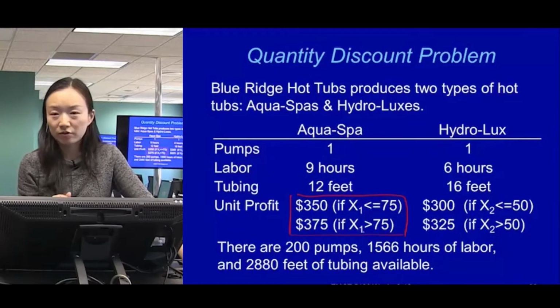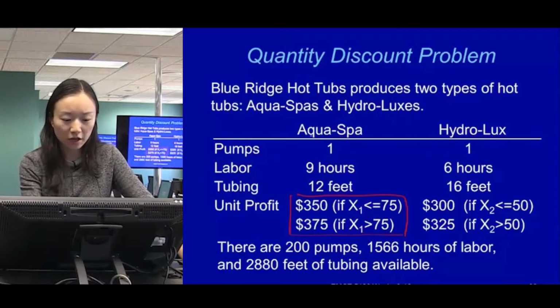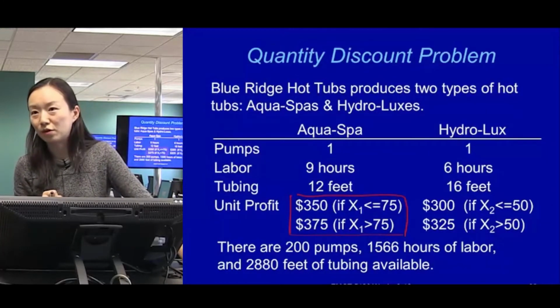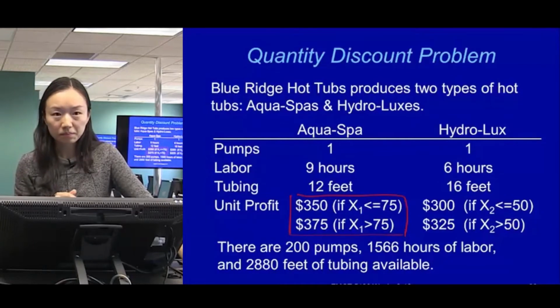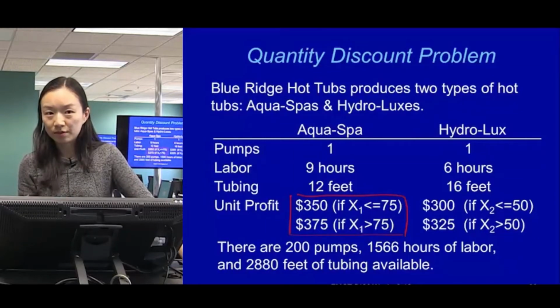And this time, what do you guys think? Just for equals bus, what kind of decision variable or variables should we use? Should we use 1 variable, just x1, or 2 variables?